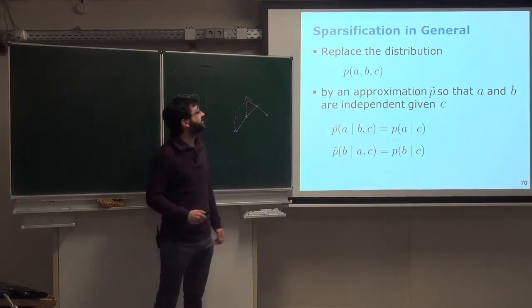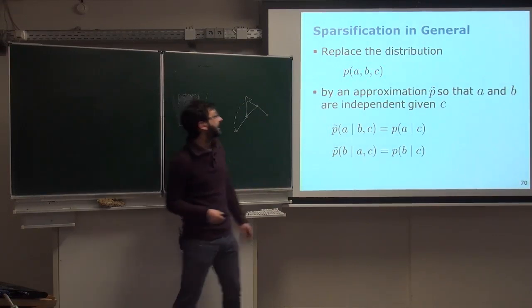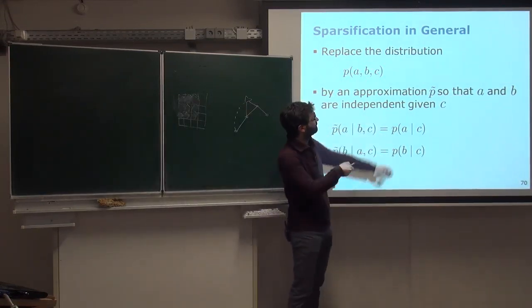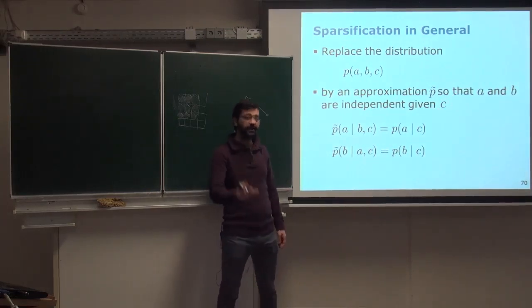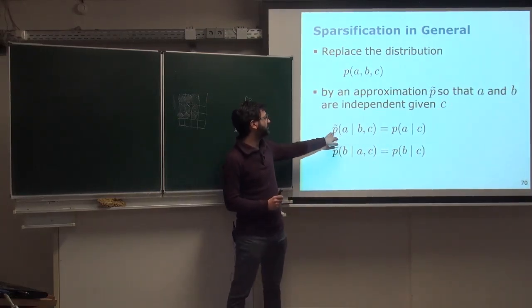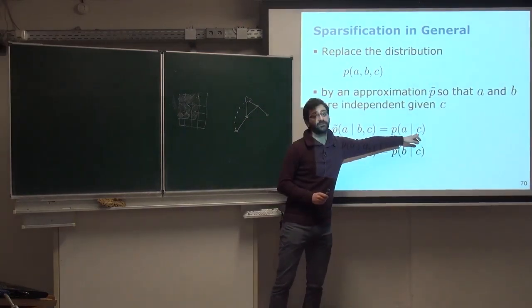What does conditional independence mean? It means this. Imagine we have 3 variables here, and we have a joint distribution between them. We can say that A and B are independent given C, so conditional independence, if we can write the density of A given B and C as equal to the density of A given C. Okay?